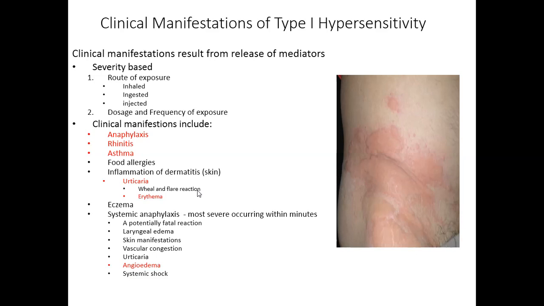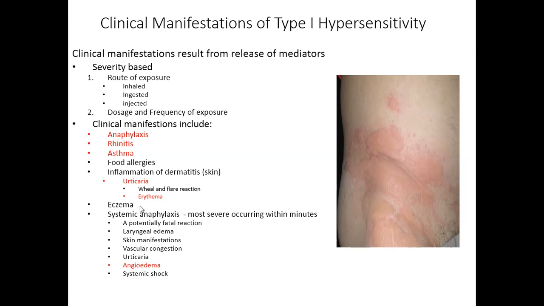You can see this is very swollen here. And the flare is the red, the erythema, the redness. The wheal and flare together come under the general heading of urticaria, which is just hives. Another skin manifestation we see is eczema.